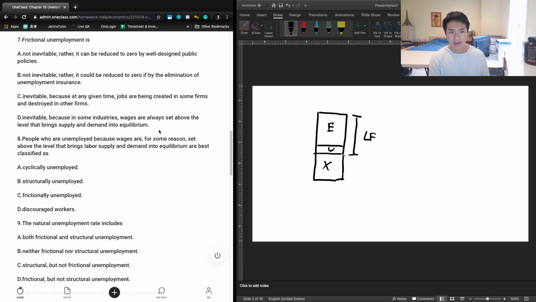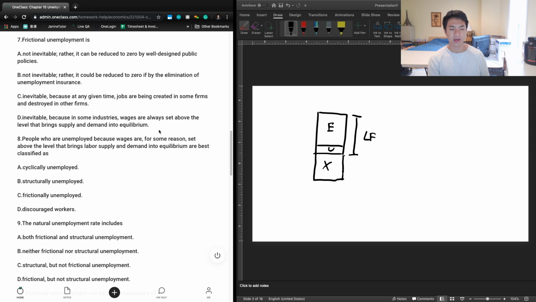A says it's not inevitable because it can be reduced to zero by well-designed public policies. While frictional unemployment is inevitable, and one of the answer choices gives the exact reason why, it can't be reduced to zero. Well-designed public policies can reduce frictional unemployment because they would reduce the time it takes for people to go through the job search process.